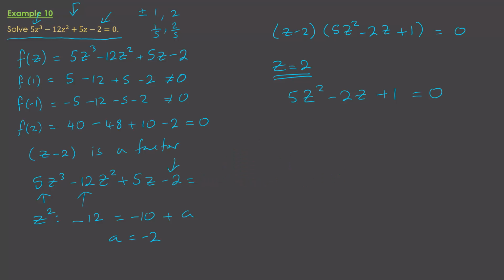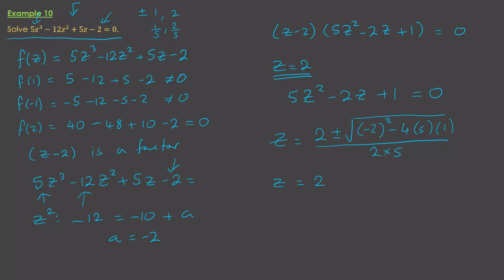So let's use the quadratic formula. z is going to be 2 plus or minus the square root of negative 2 squared minus 4 times 5 times 1, all divided by 2 times 5.